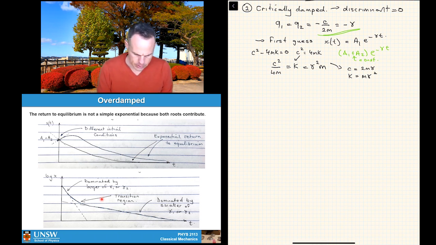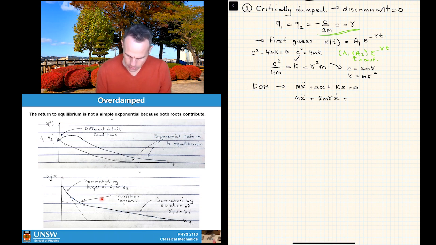So now what happens to our equation of motion, which was something like this, m x double dot plus c x dot plus k x equals 0. It now becomes m x double dot plus, we can take our c, so this is 2m gamma x dot plus our k here, m gamma squared x equals 0.